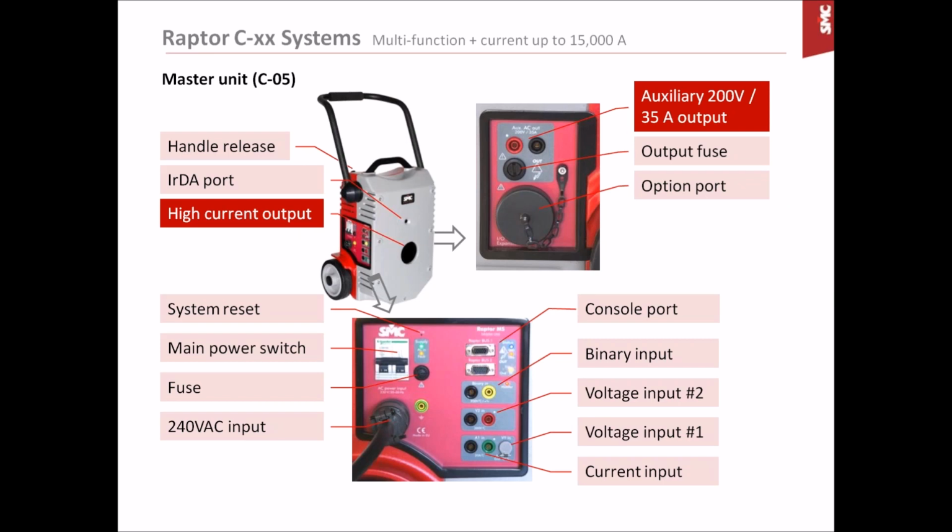And you see in this part here, this is the auxiliary output that I mentioned to you before. It is on the right side of the unit, and we shouldn't use it while we are using the main output here.